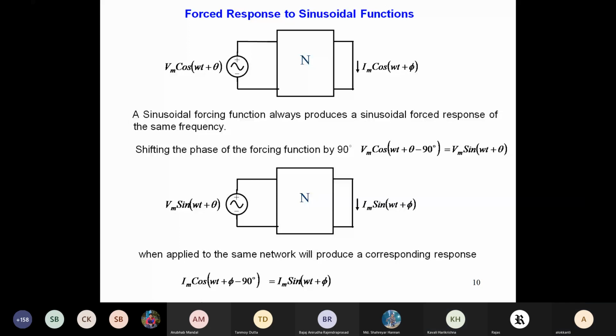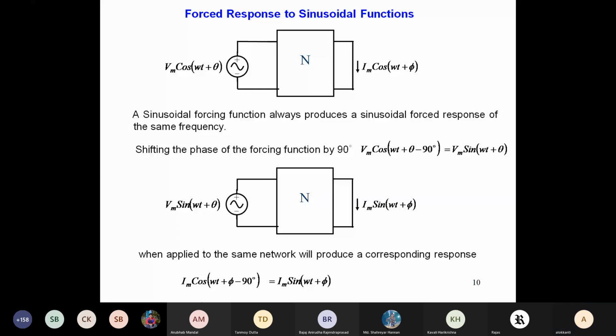Just one minute, my computer is hanging. Can you see my screen? Yes, sir. You have to wait. Now I think it is working.